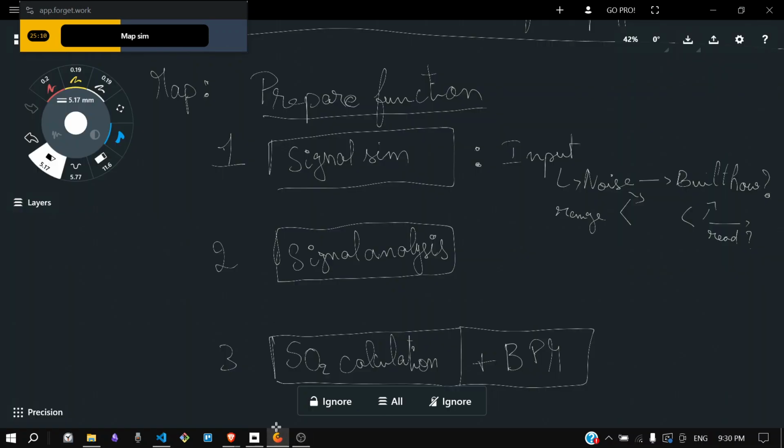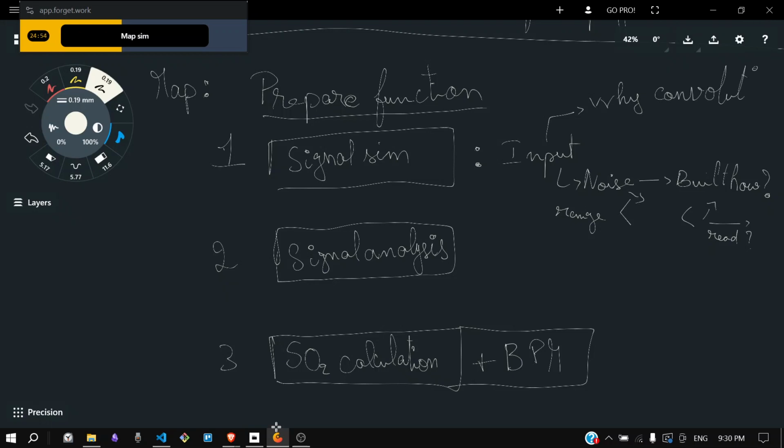So here we need to also explain the convolution and how it's built. These are the main issue, and then we need to relate how the noise builds into this.